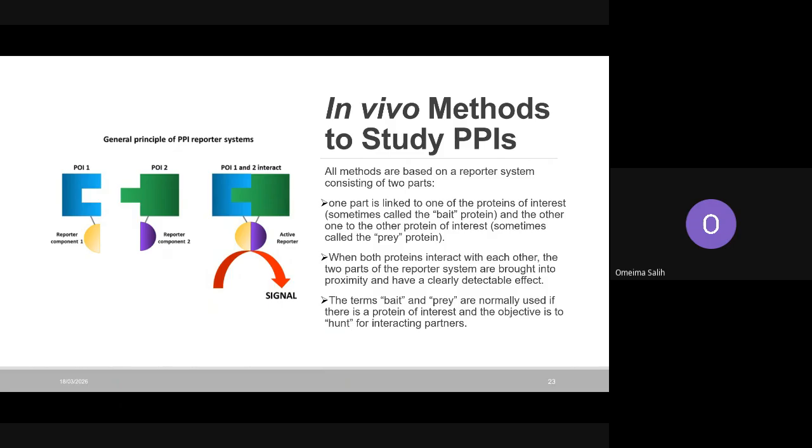So the importance of this reporter system is that you select 2 proteins within the cell that you know already interact. You want to make use of this interaction to get the 2 tested proteins together in proximity to each other.